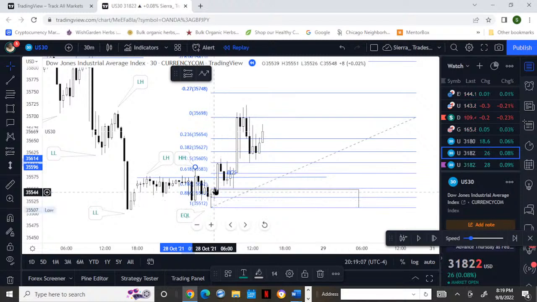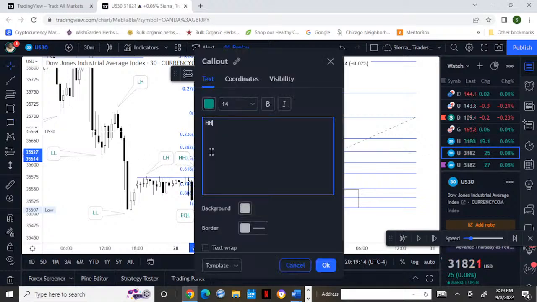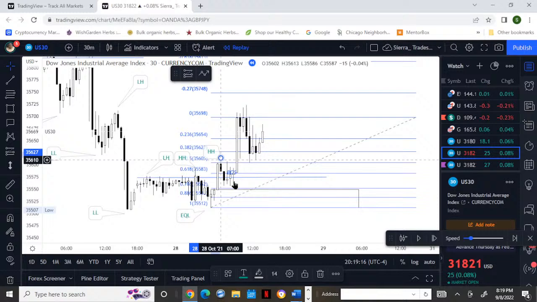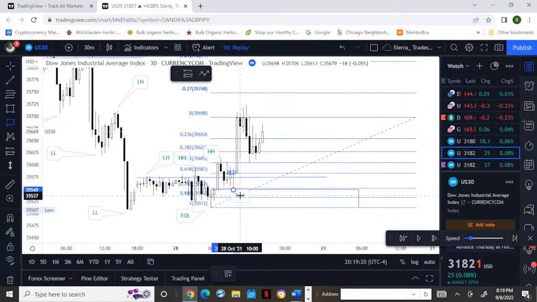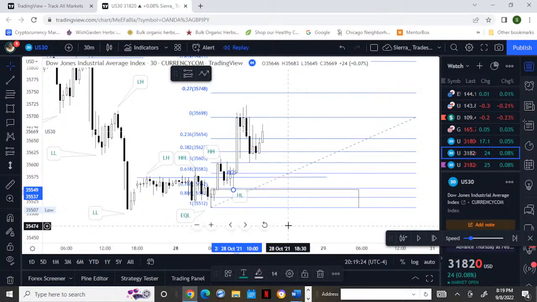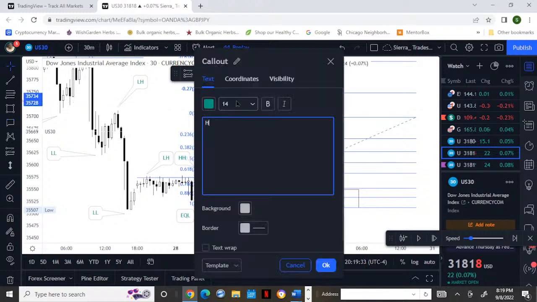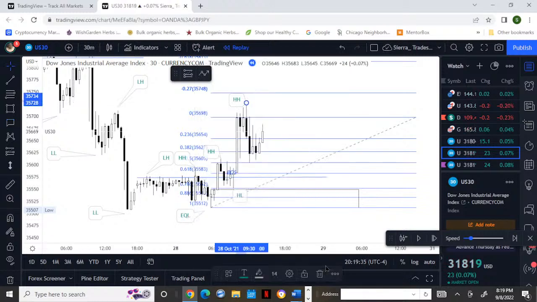Pull back, gave us equal low, higher high here, higher low here, which came back, retested that structure area nicely. And then we got a higher high here. All right, so price touched that 50 once.